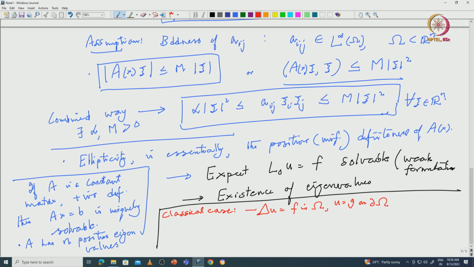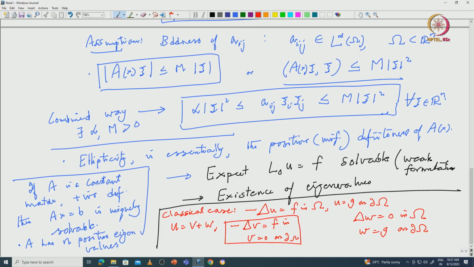You can divide u into two parts, v plus w, with minus Laplacian of v equal to f and v equal to 0 on the boundary, and minus Laplacian of w equal to 0 in omega and w equal to g on the boundary. As far as this equation is concerned, this is the study of potential theory.